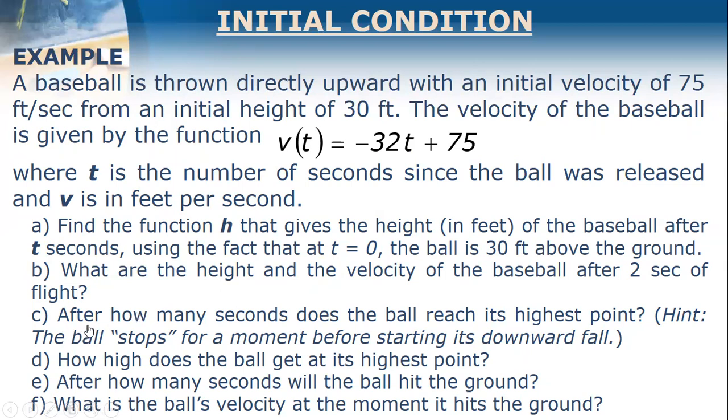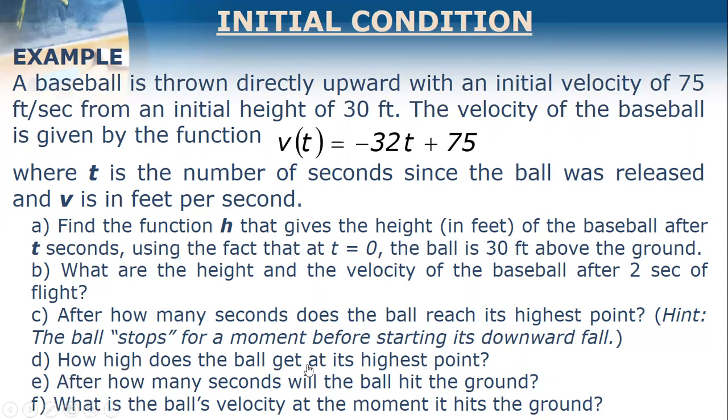Letter C: after how many seconds does the ball reach its highest point? The hint is that the ball stops for a moment before starting its downward fall, so momentarily the velocity of the ball is equal to 0 at the highest point.